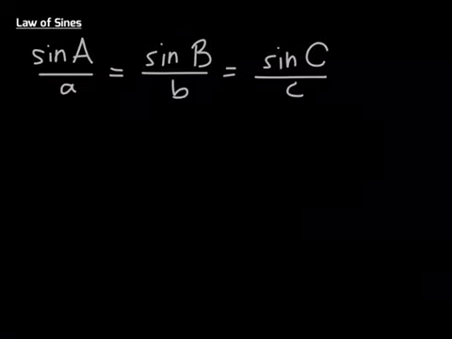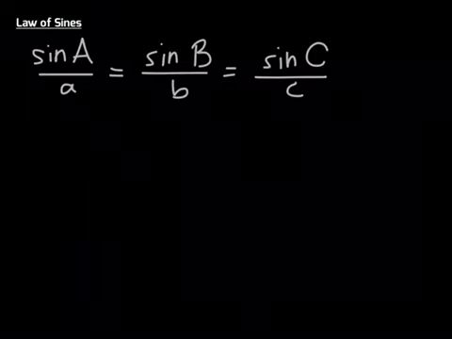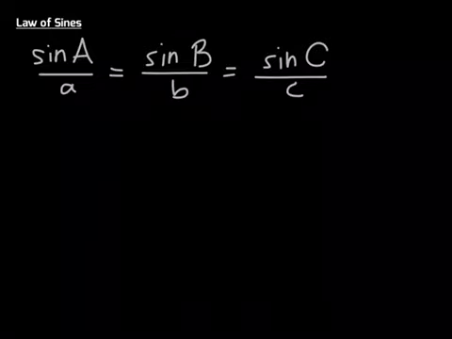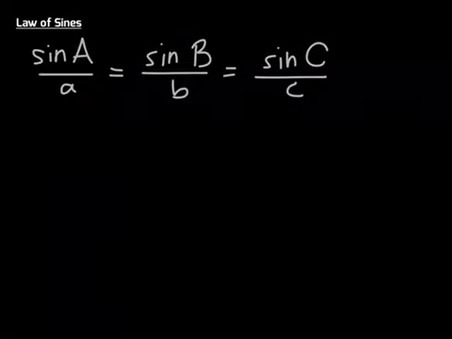Basically, what the law of sines is saying is that the ratio of the sine of any angle to the side opposite that angle is constant. Should we say that again? The ratio of the sine of any angle to the side opposite that angle is constant.